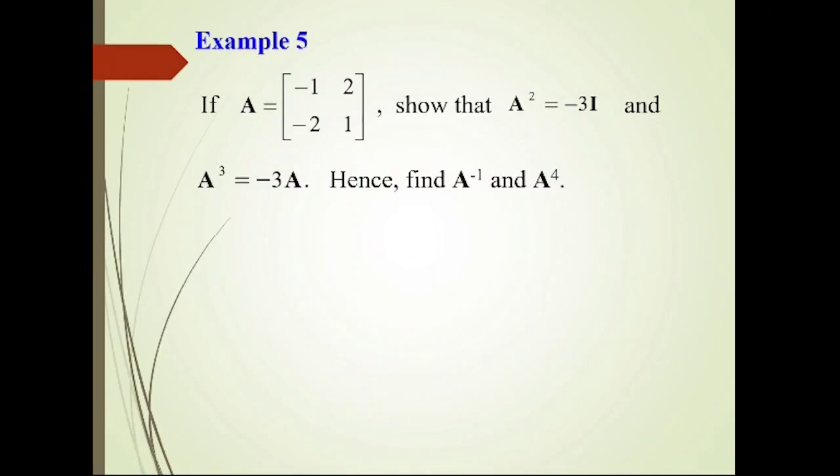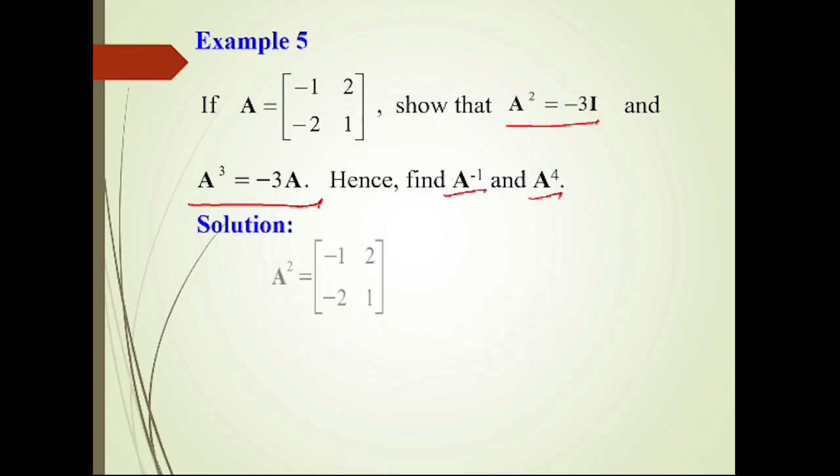Look at example 5. If A is as given, show that A squared is equal to negative 3I and A cubed is equal to negative 3A. Hence, find A inverse and A to the power 4. What is A squared? A squared, remember, means A multiplied with A. It's not the square of each of the elements.